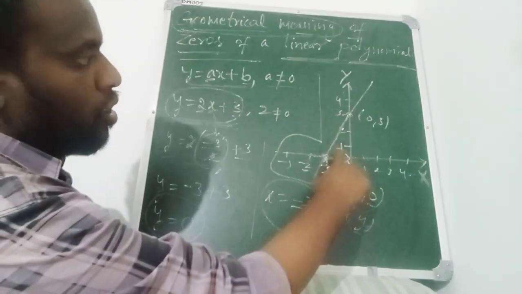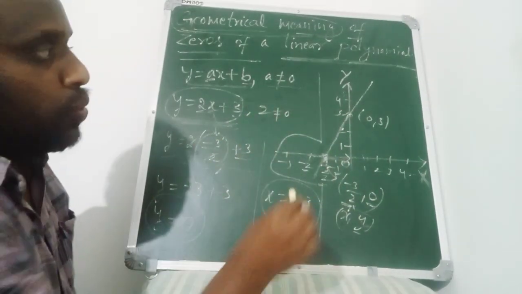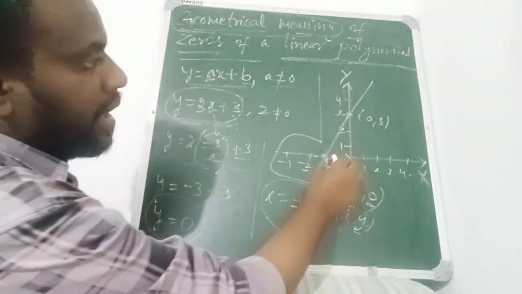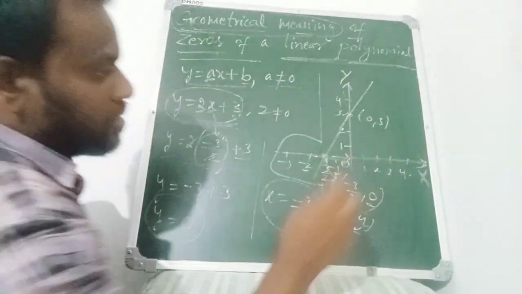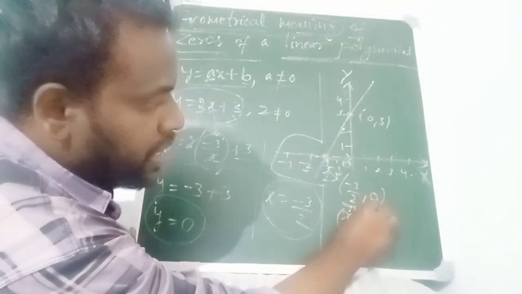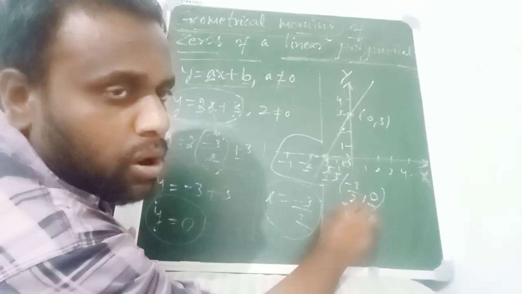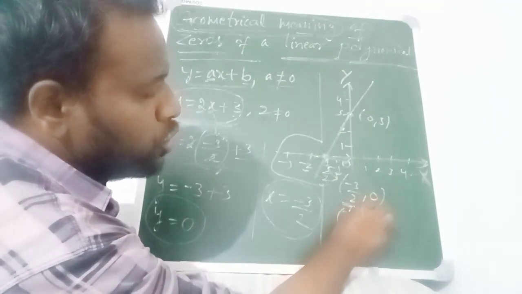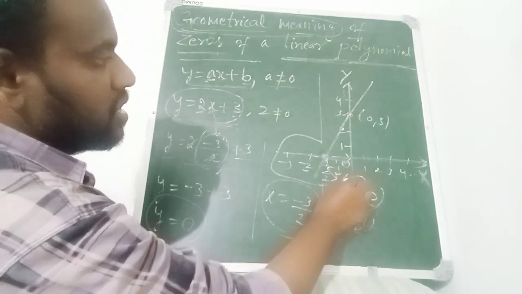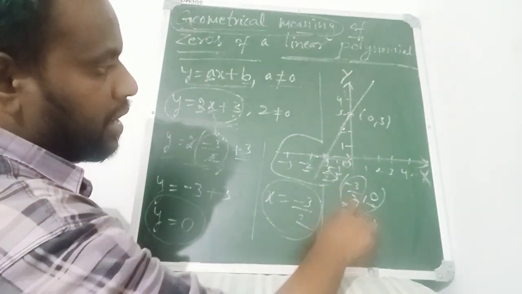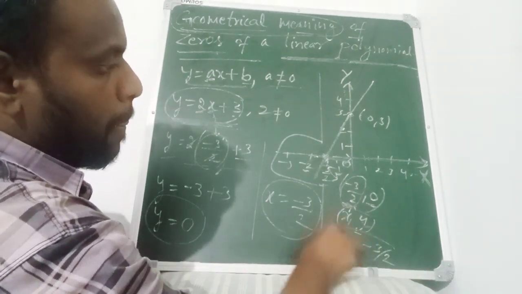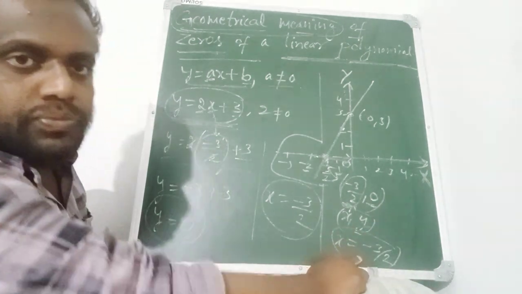So 0 on the graph is the point where the line is crossing or intersecting the x-axis. And this and this are called coordinates. This minus 3 by 2 is called the x coordinate. This 0 is called the y coordinate. You consider only the x coordinate. X is equal to minus 3 by 2. So this is the 0.